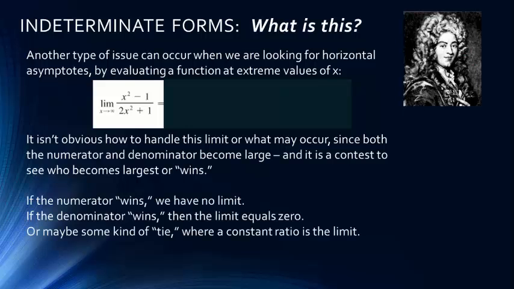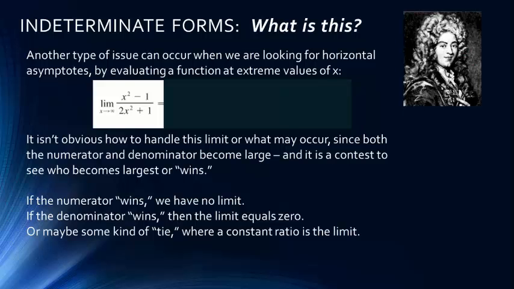If the numerator wins, that means the numerator is getting bigger faster than the denominator, then we have no limit because it's going to infinity. If the numerator is larger than the denominator, then the whole function is going to infinity. If the denominator wins, if the denominator is getting larger quicker, then the limit goes to 0 because you have a smaller number over a much larger number, and again that's going to 0.